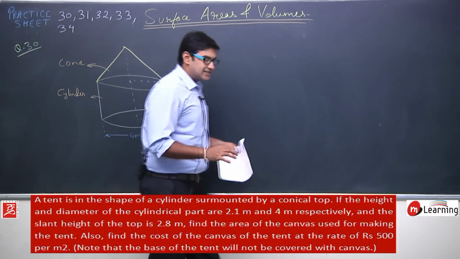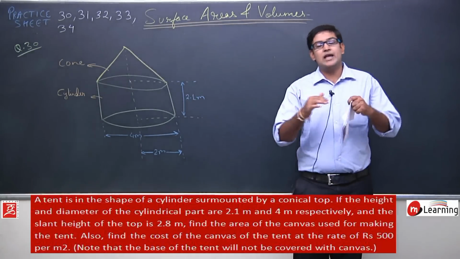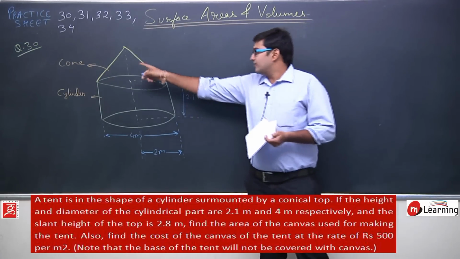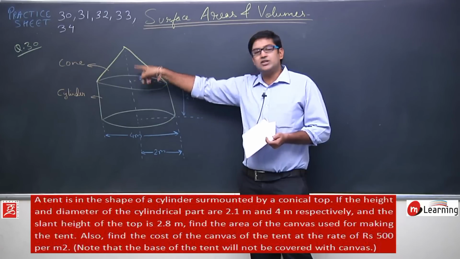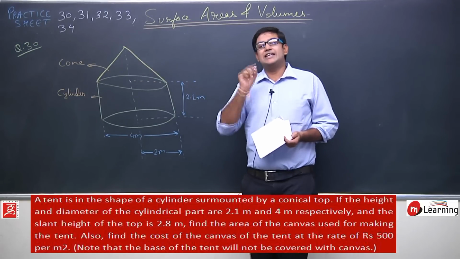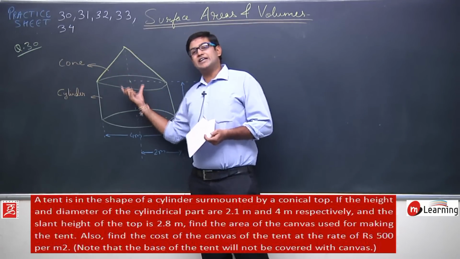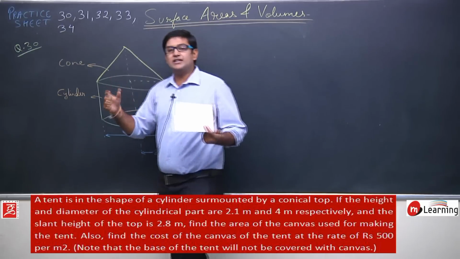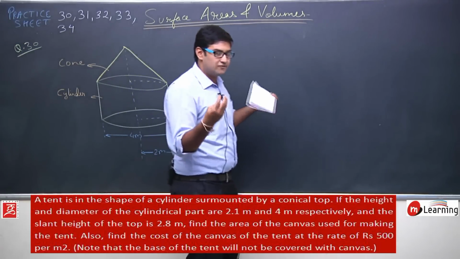Now, since it says that this cylindrical tent is surmounted by a conical top, I can deduce that if the base diameter of this conical top is not given, I can very easily assume that the base of this cone and this cylinder are the same. It is not that the cylinder has a different radius and the cone has a different radius.